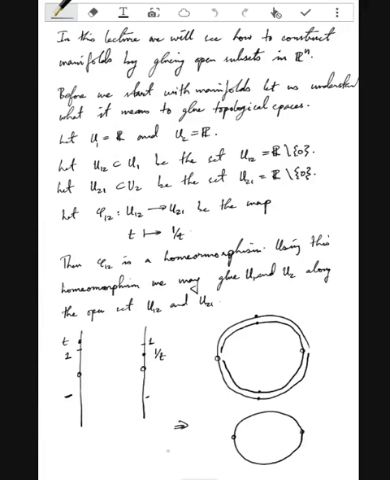So the topology on X is defined as follows.